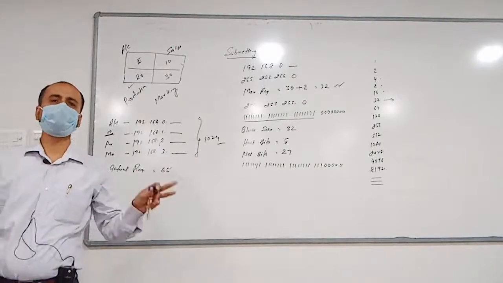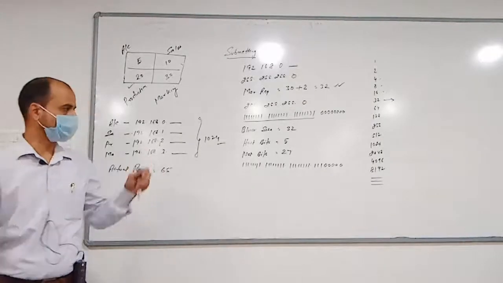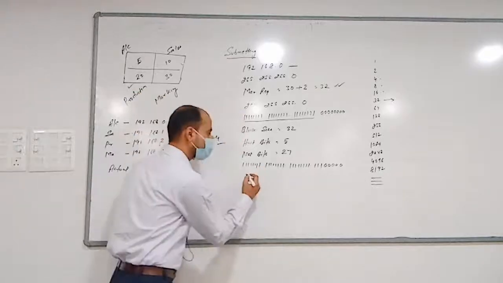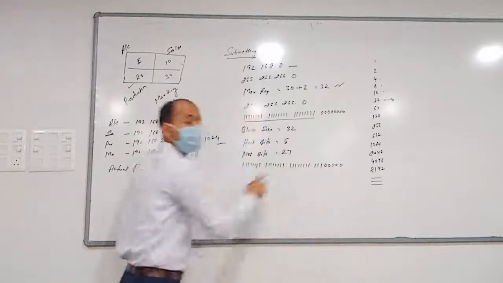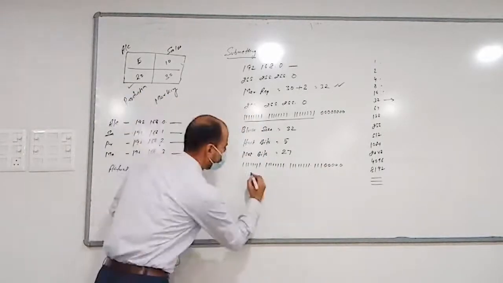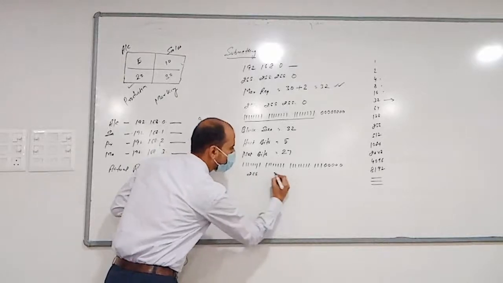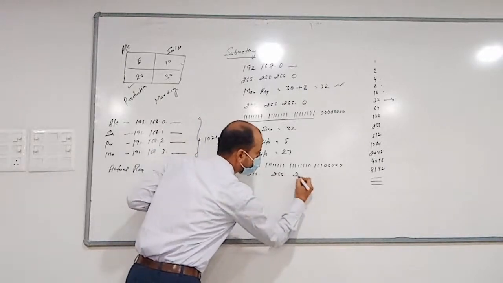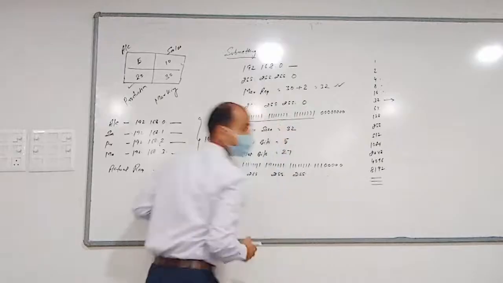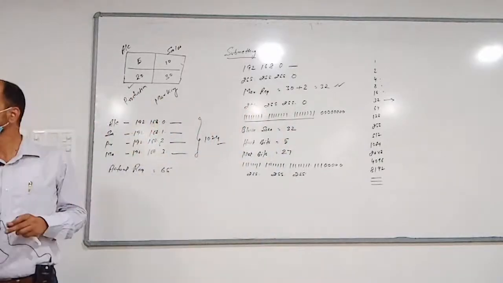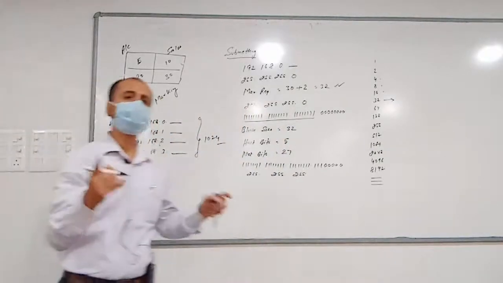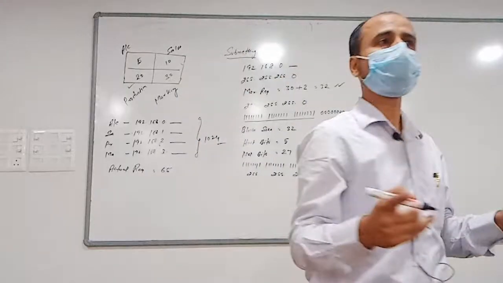Are you all able to understand? Good. Now convert this value into decimal. It will be again 255, 255, 255 and 224. Is it clear to everyone? 224? Good.